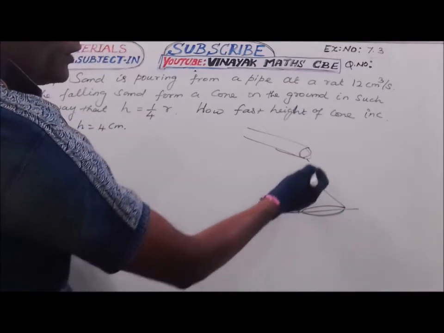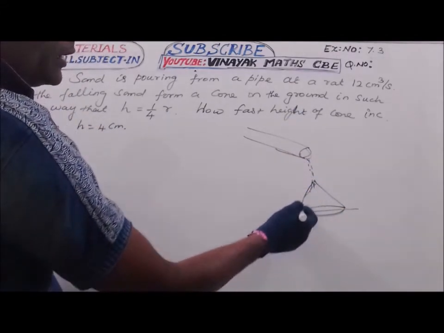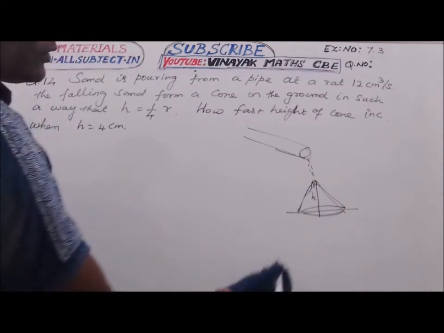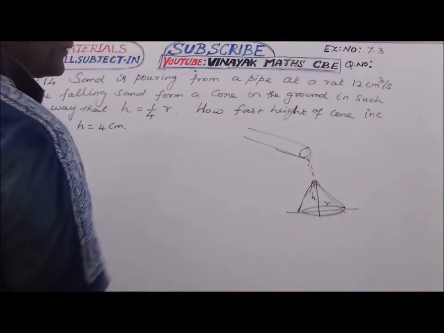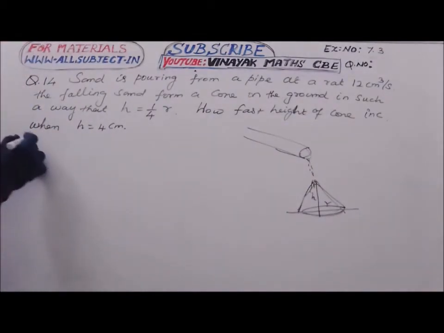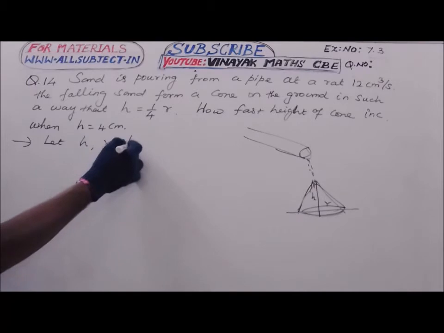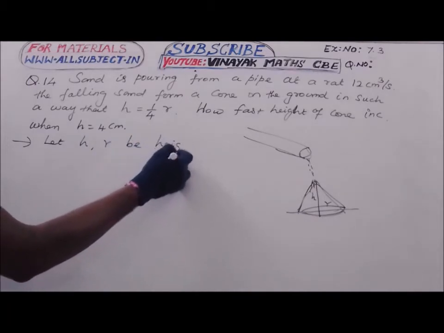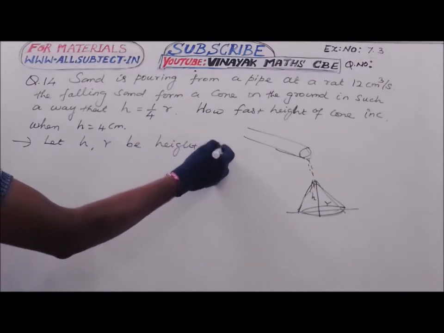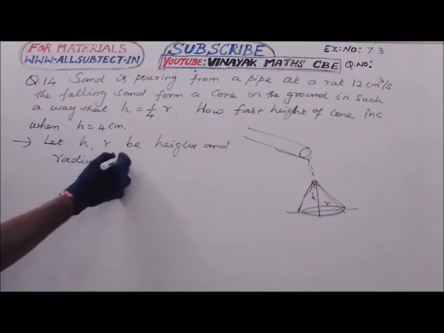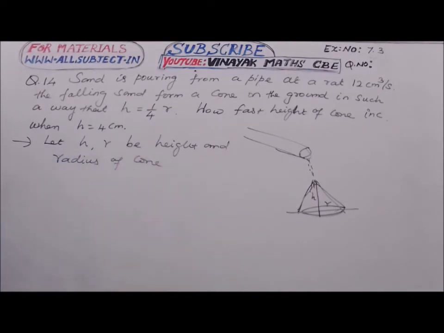This is the ground. Let h be the height of the cone and r be the radius of the cone. Let h and r be the height and radius of the cone thus formed.